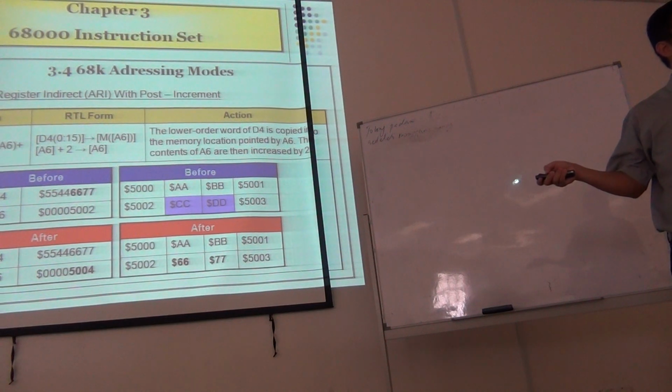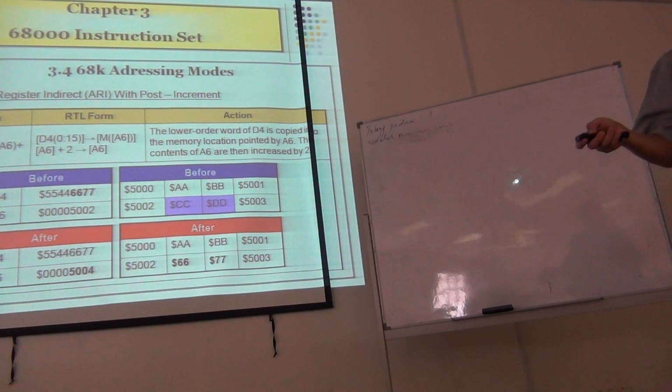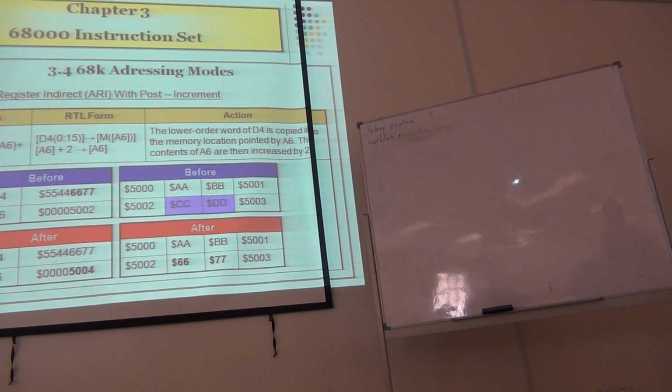Indirect, what does it mean? If we omit the plus, we go indirect, right? If we omit the sign plus, what is the value of A6? A6 will not be changed after that. It doesn't change, because the increment comes from the plus.